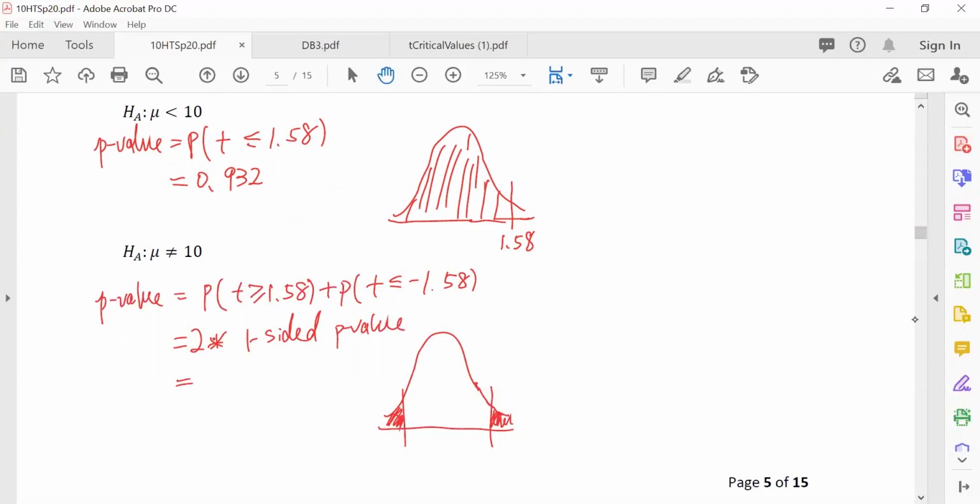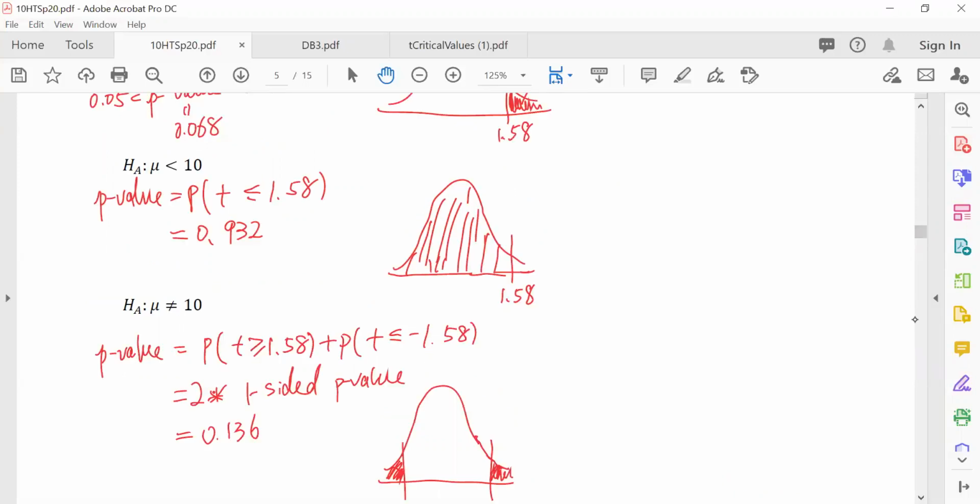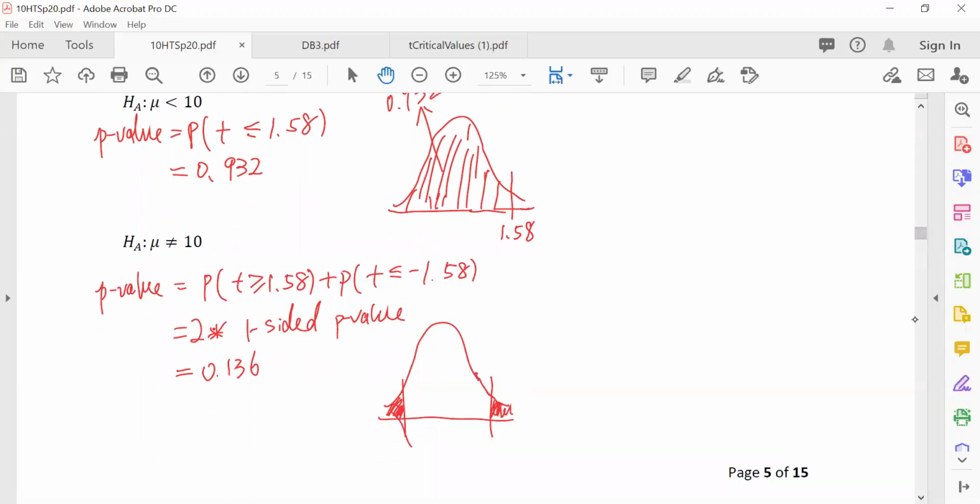So this would be 0.136. So let me write more here. So this area is 0.932. These two areas together is 0.136. So that is how you could find the p-value.